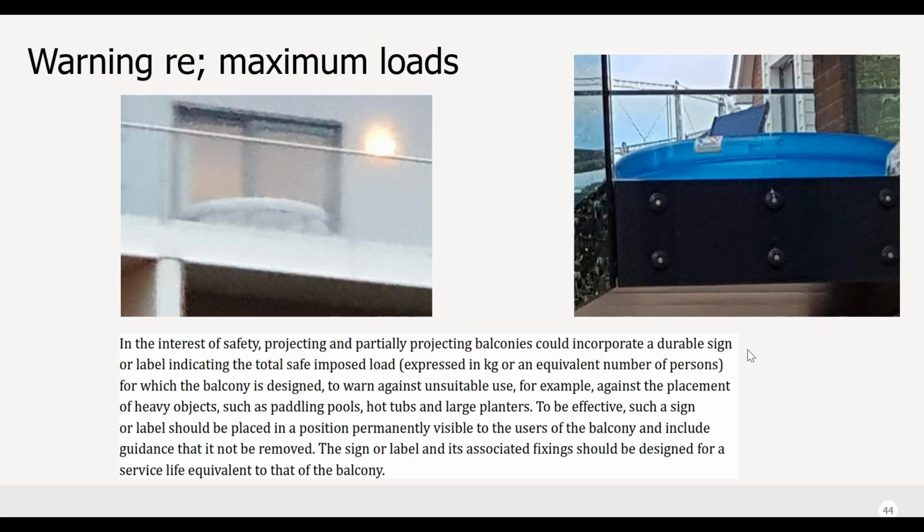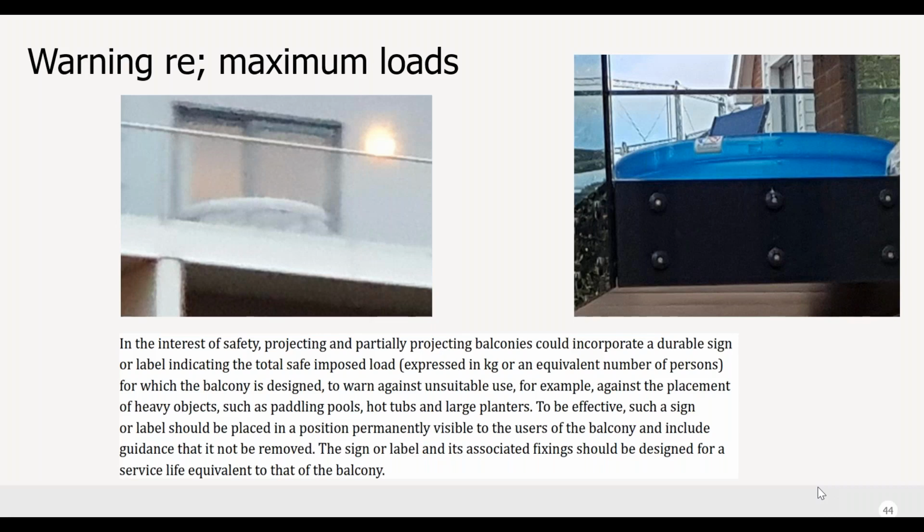The current minimum requirement in the UK is 2.5 kilonewtons, and elsewhere we deal with designing projects in Canada, for instance, where the safe working load is deemed to be 4.8 kilonewtons per square metre. So it's important to be able to convey that information to the residents as a minimum in the owner manuals, and making sure that that's passed on to the residents.